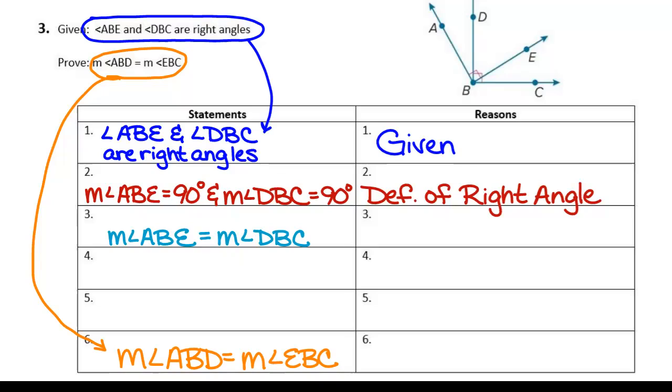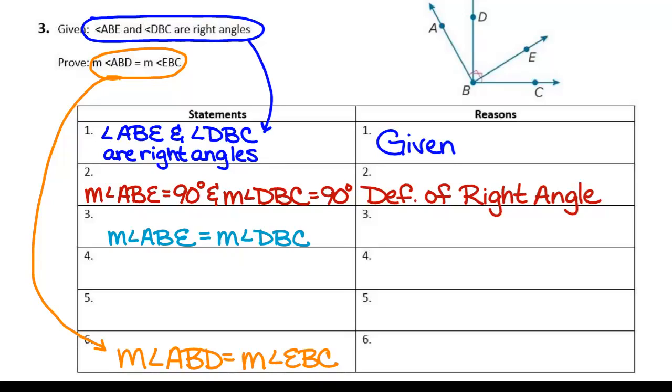Why would I be allowed to say that ABE has the same measurement as DBC? Because they're not segments. They are congruent angles. I know they're congruent now that I've said this, but I can't use definition of congruent angles to justify why I'm able to say this.